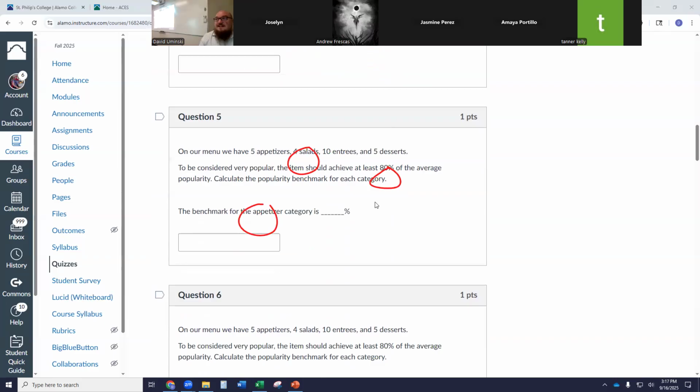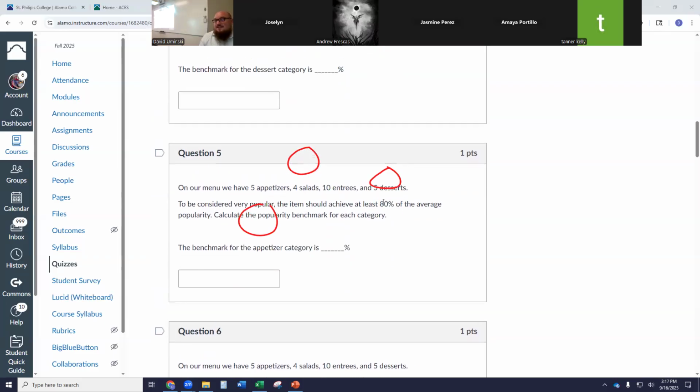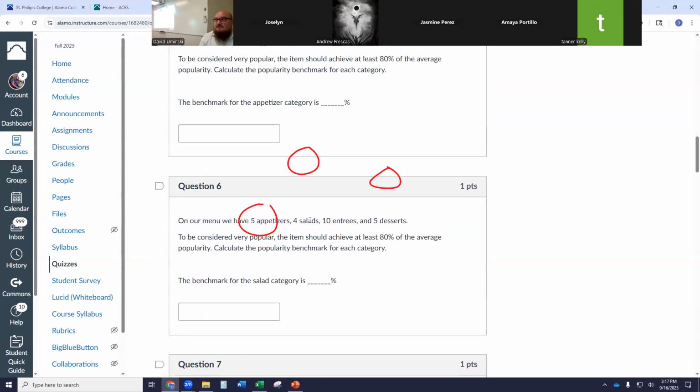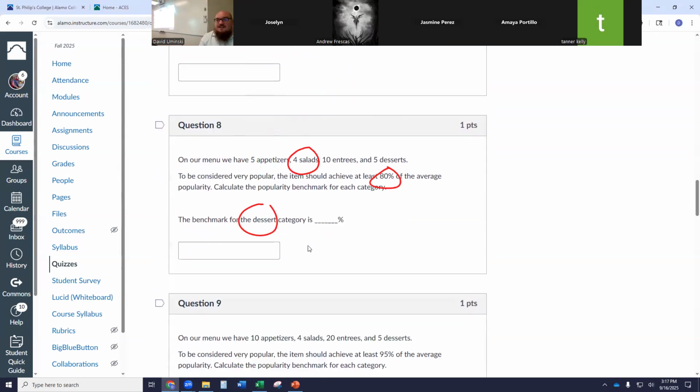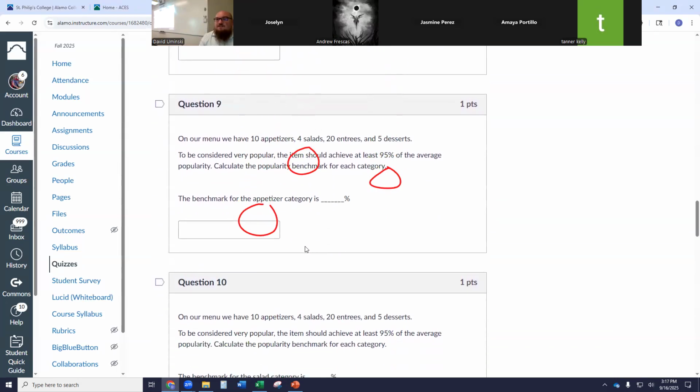Questions 5, 6, 7, 8 are 80%, and we have maybe the same or different numbers in the categories. Then questions 9, 10, 11, 12: now we're looking at 95%, with different numbers in each category. So you're basically practicing over and over again this benchmark, 100 divided by the number times the percentage that's given.